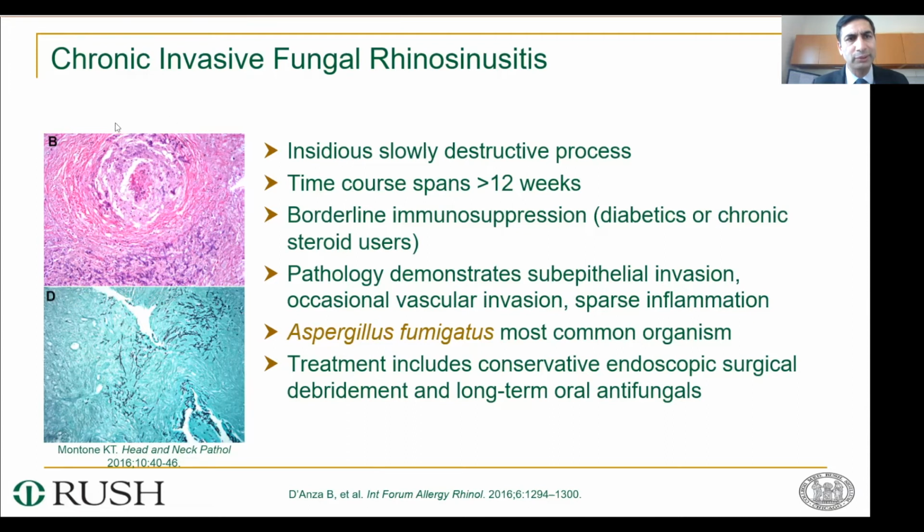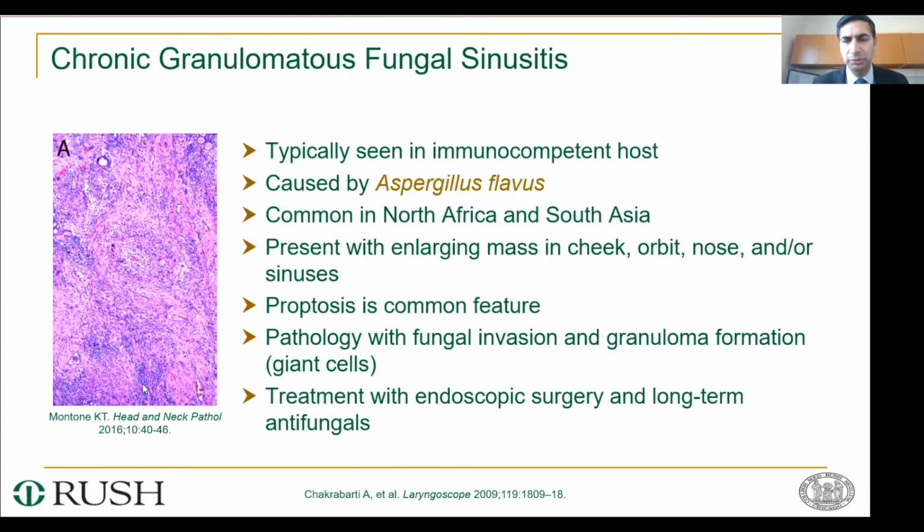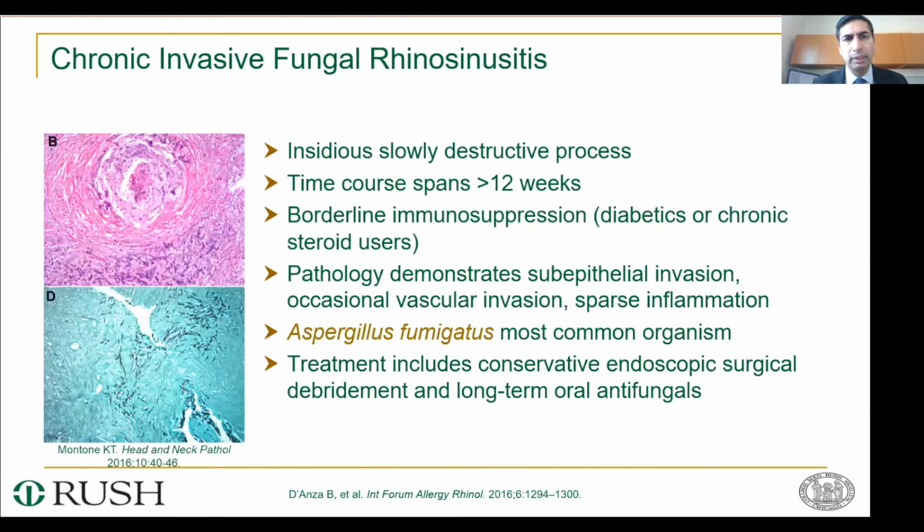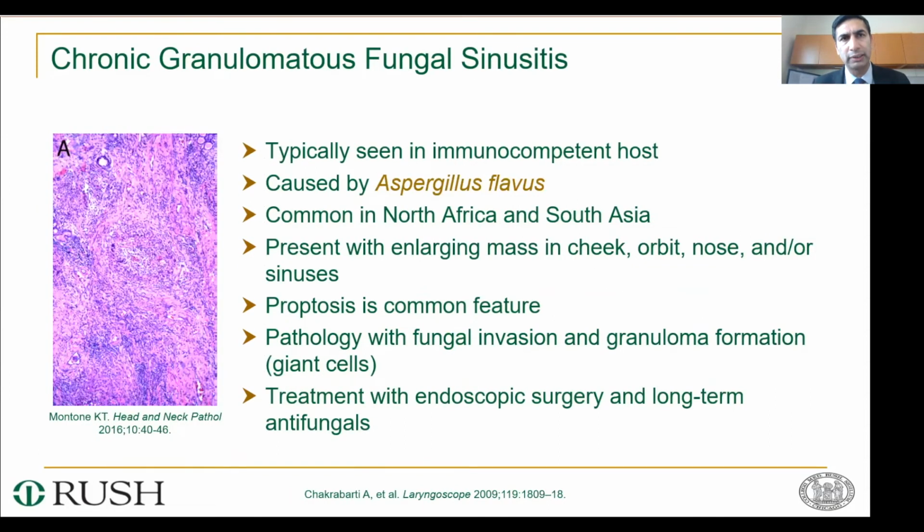Occasionally, you can see vascular invasion, as you see here, and the inflammation tends to be relatively sparse. And if you were again to look at this with a silver stain, you can see the fungus that is evident in the tissue. Most commonly, this is due to Aspergillus fumigatus, and treatment over time has evolved. It's typically conservative endoscopic surgical debridement with long-term oral antifungals in collaboration with our infectious disease colleagues.